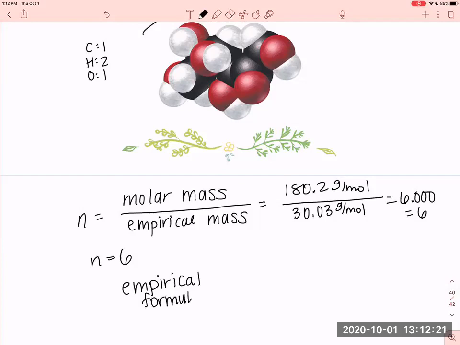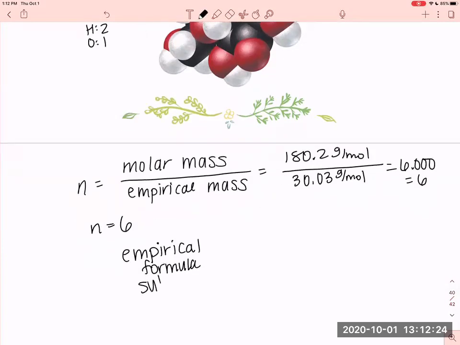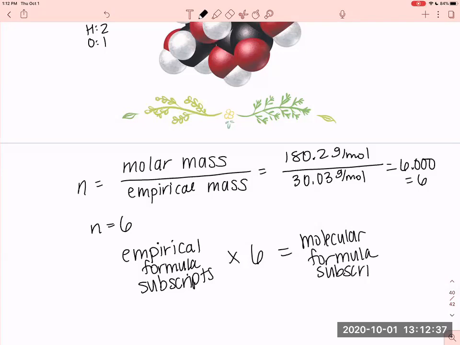Which means we're going to take our empirical formula and we're going to multiply all our subscripts by 6. 6 times our empirical subscripts equals our molecular formula subscripts. So you often see your instructors will do it like this.